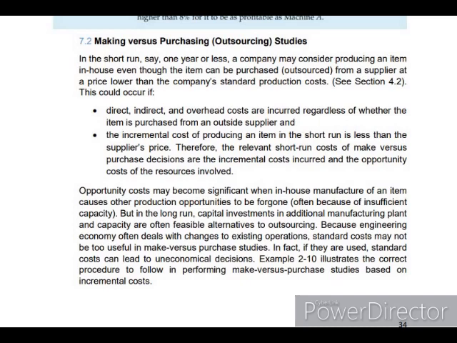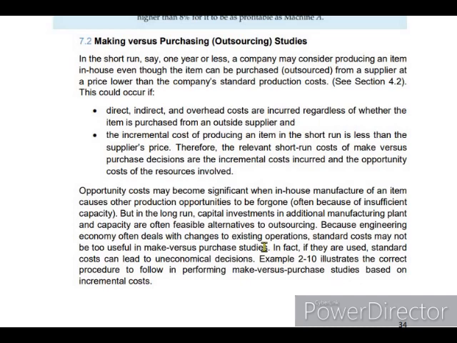Next, opportunity cost may become significant when in-house manufacture of an item causes other production opportunities to be foregone, often because of insufficient capacity. That is, it refers to the opportunity lost when a company is making a product other than the products they are supposed to make.